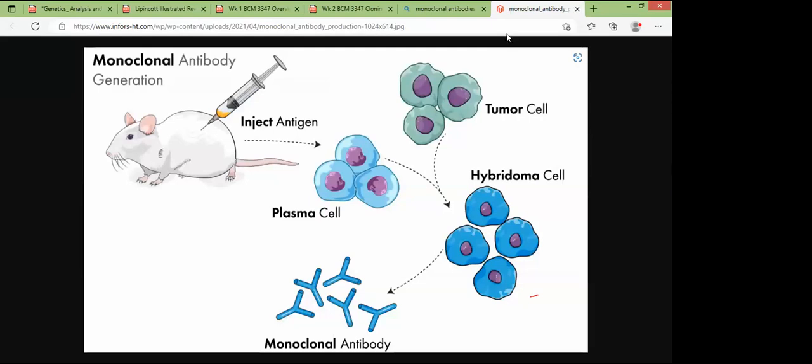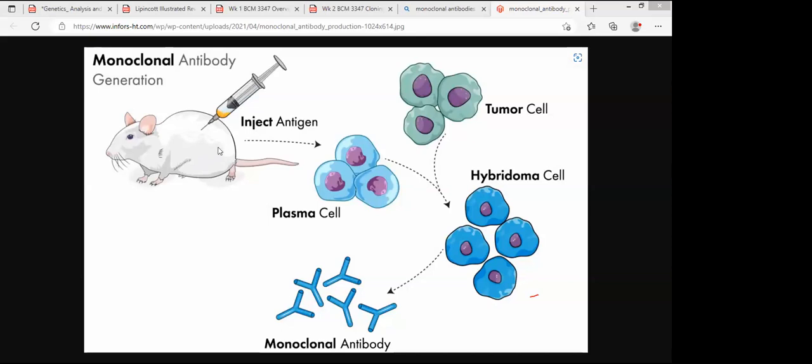To produce the monoclonal antibody, let's take the example of producing a vaccine for COVID. Just a basic example. Number one, we isolate the antigenic portion of COVID-19 and inject it into this mouse. Then the mouse, naturally, will produce antibodies against that antigen.